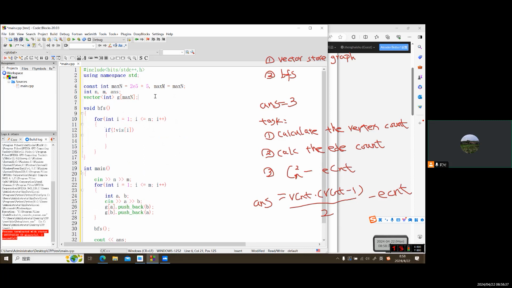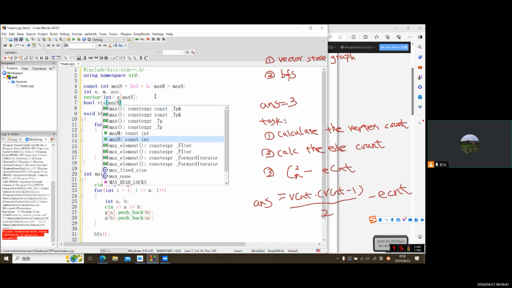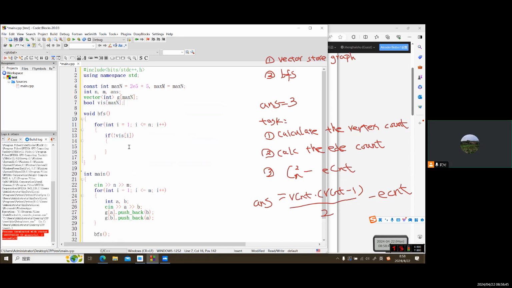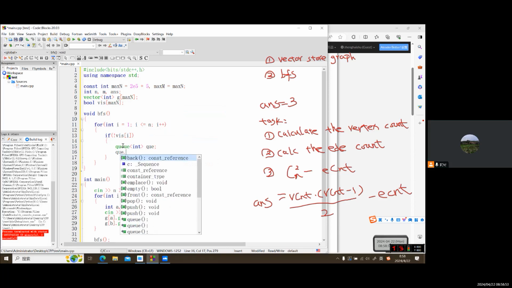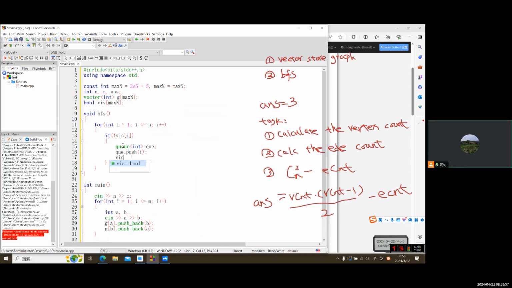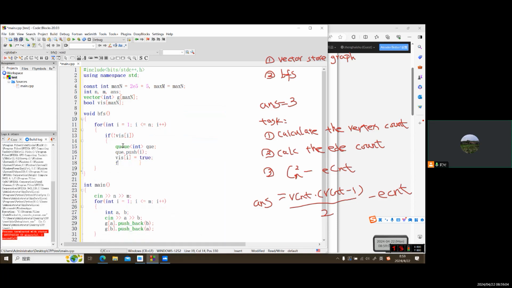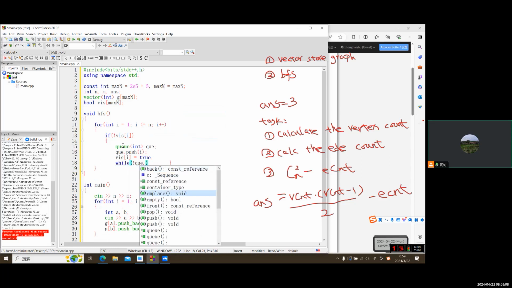So we need to define a Boolean array. Now put into Q. Push i and visited i is true, and while the Q is not empty.